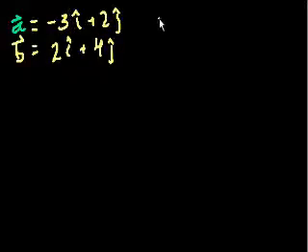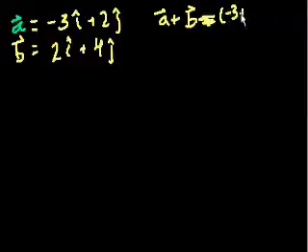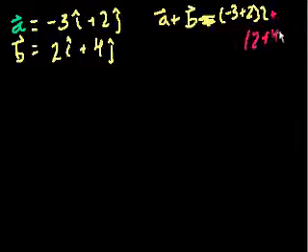So these two vectors, A plus B, these little arrows on top just say that those are vectors, equals minus 3i plus 2j, plus 2i plus 4j.